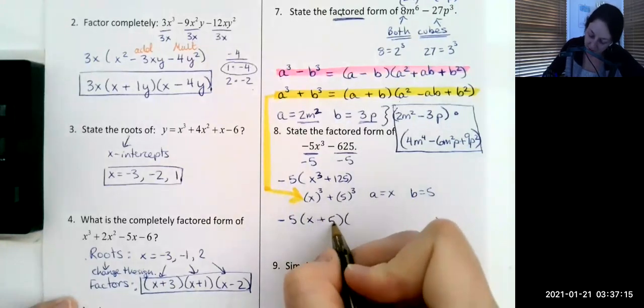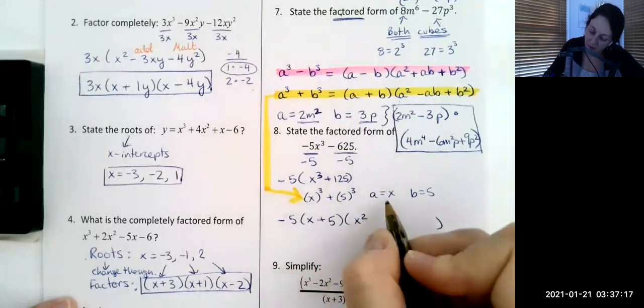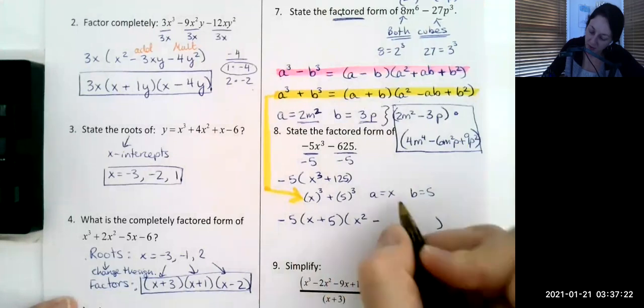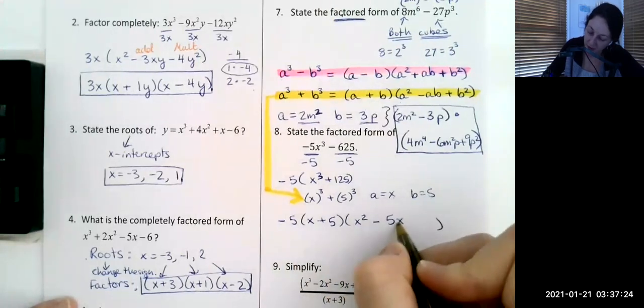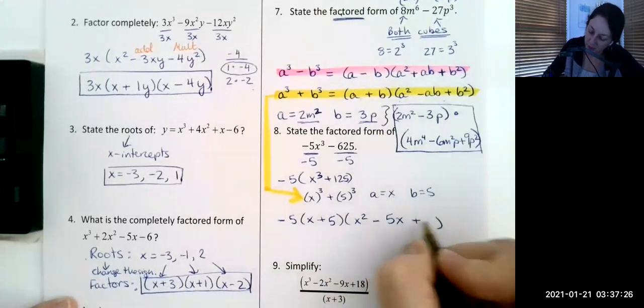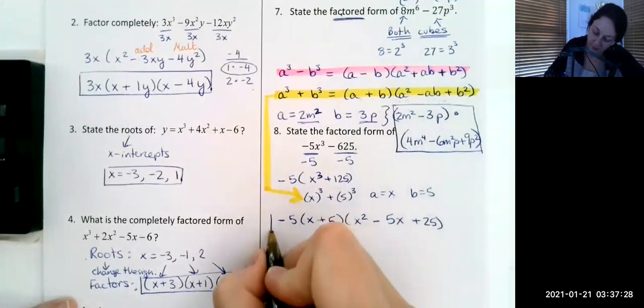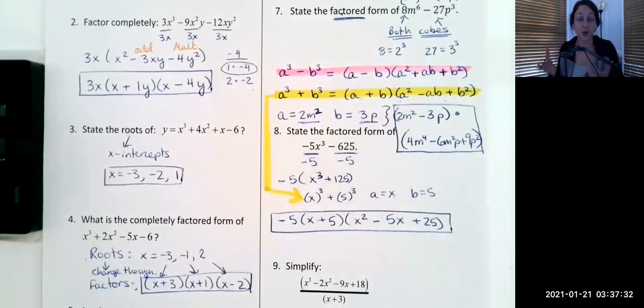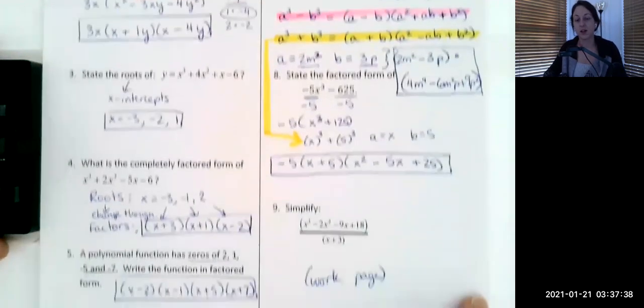So x plus 5, x squared, because it's a squared, and then minus ab, so minus 5x, and then plus b squared, so plus 25. And there you go. I wasn't kidding. If you know what your cube roots are, you can just plug them straight into the factoring pattern and do very little work.